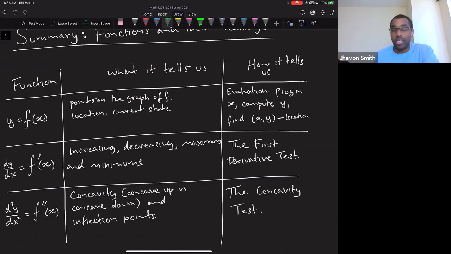The first derivative tells us increasing, decreasing, maximums, minimums. It also tells us about things like rate of change. How fast are we moving? How fast is the output coordinate moving in relation to the input coordinate? You can determine all that behavior from the first derivative test. We have the second derivative, which can tell us about concavity and inflections, and the concavity test will tell us how to do that.